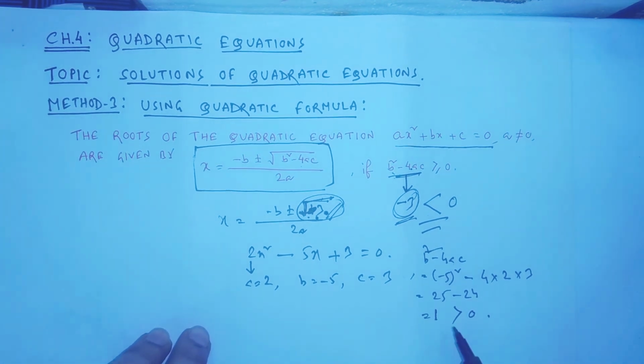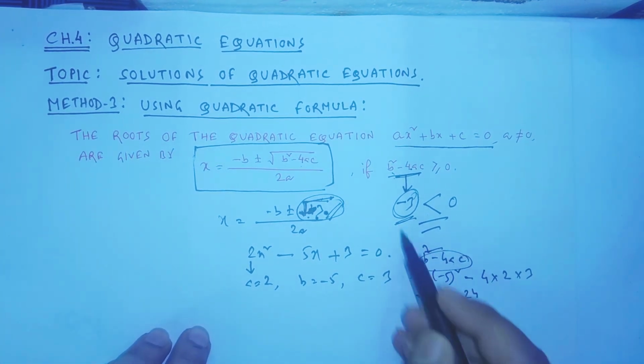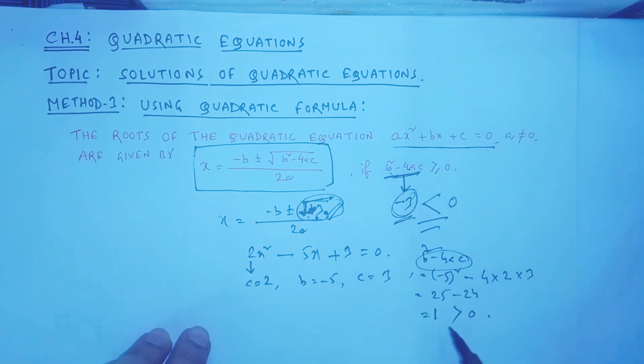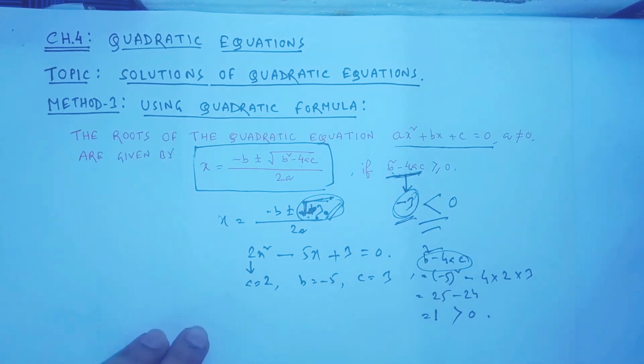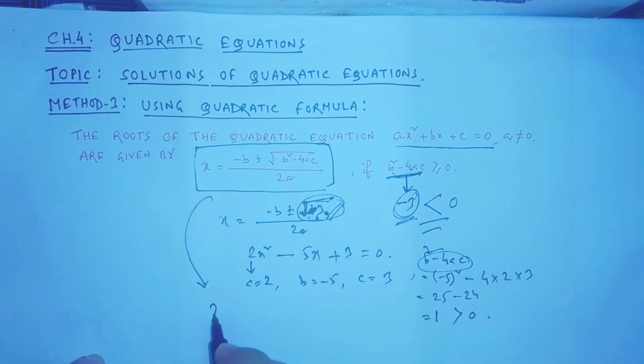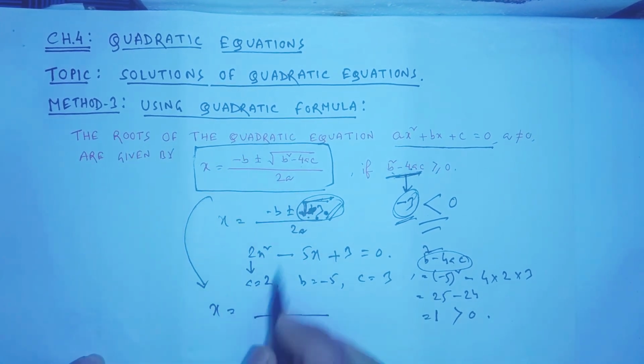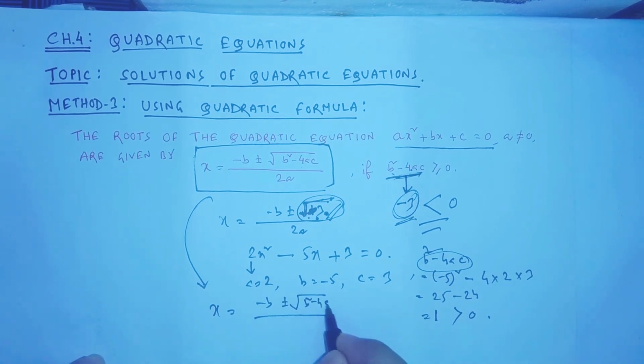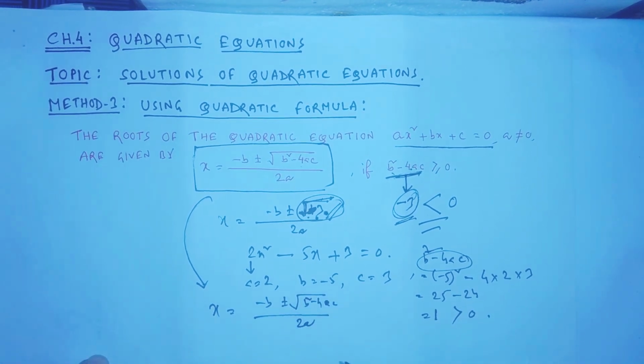Since b square minus 4ac is greater than 0, we say the real roots exist. Since real roots exist, we can find them using the formula x equal to minus b plus minus root over b square minus 4ac divided by twice a.